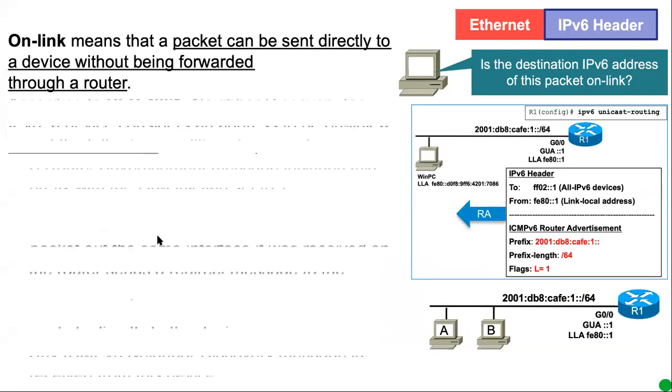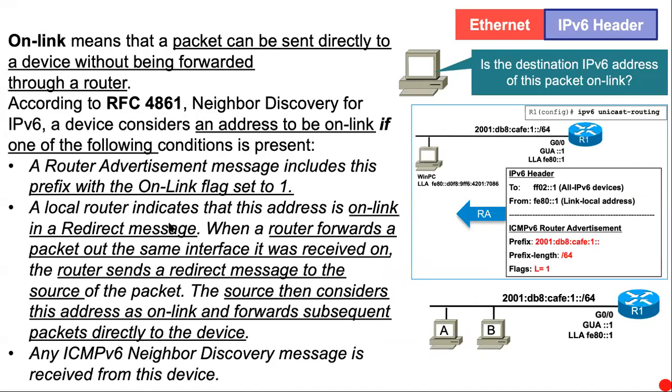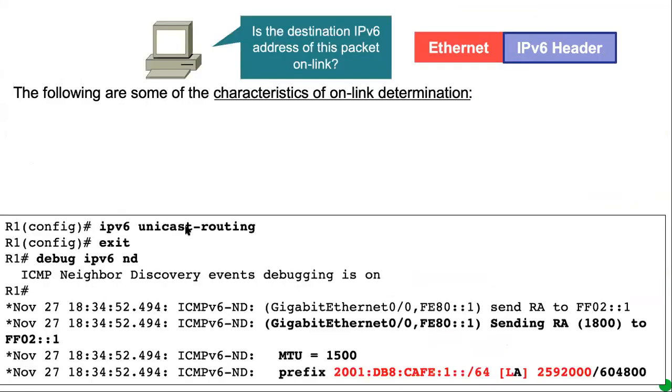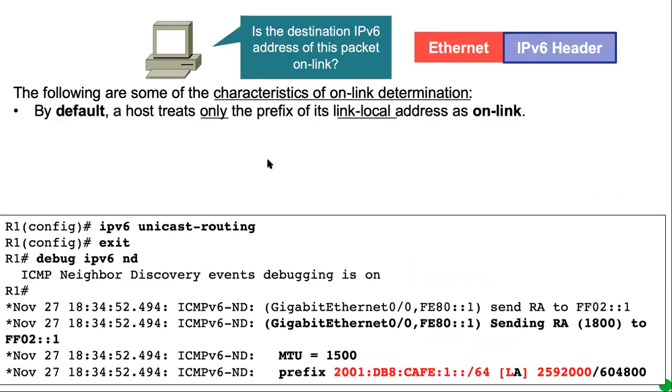Okay, so what does on-link mean? There's actually no RFC on it. RFC 4861, Neighbor Discovery for IPv6, has a section where they talk about what is meant by on-link. I won't go into a lot of details here, but I do want to mention some of the characteristics.